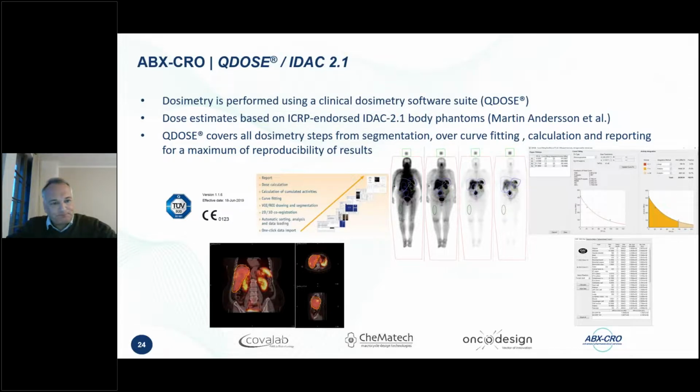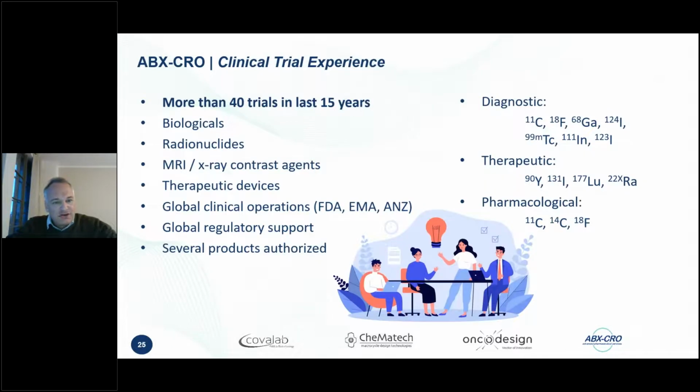So next one. Our clinical trial experience: you always know everything is secret in pharma, so we did more than 40 trials in the last 15 years, covering biologicals, even radioactively labeled cells, including monoclonal antibodies, peptides and small molecules, with radionuclides, therapeutic, Yttrium-90, iodine-131, lutetium, different radiums, to name a few.